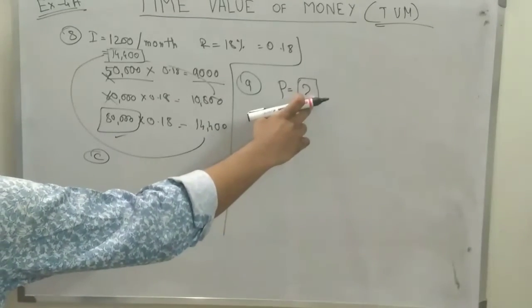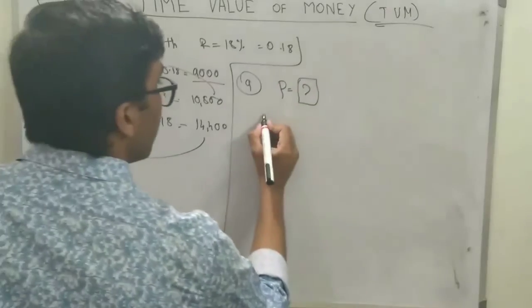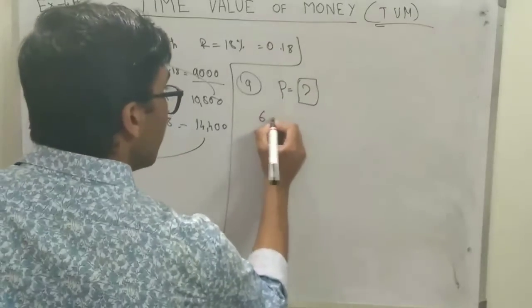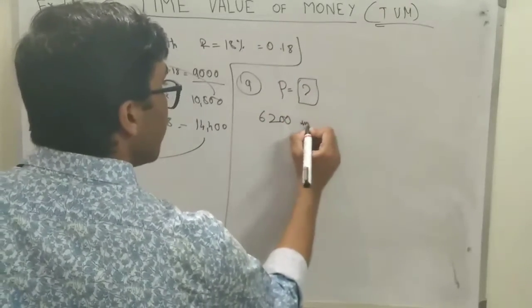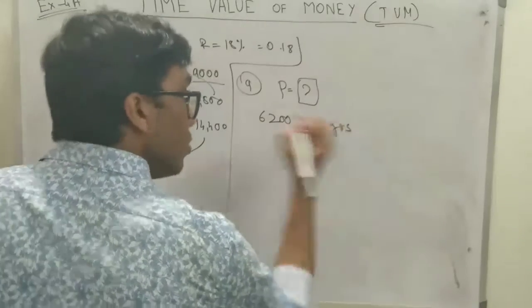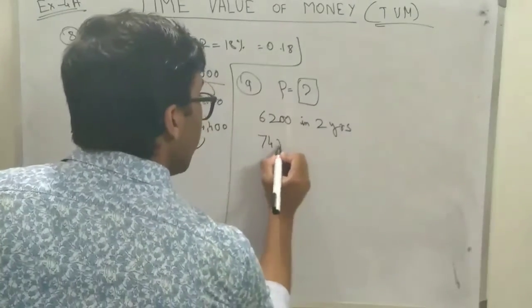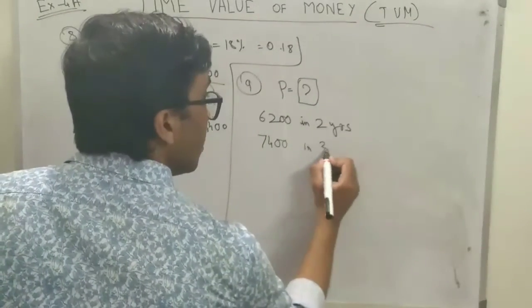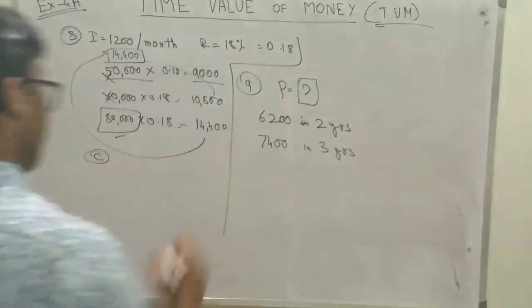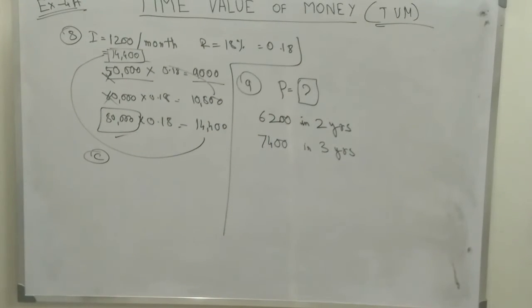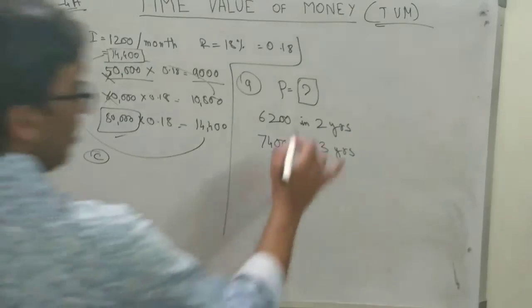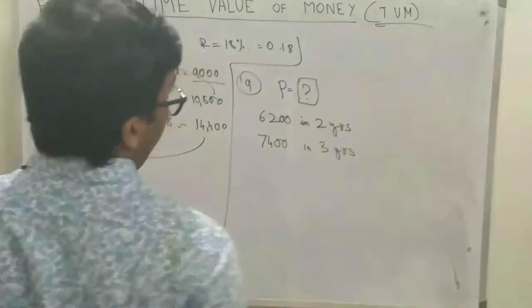Amounts to means after adding the interest, it amounts to 6,200 in 2 years and 7,400 in 3 years.